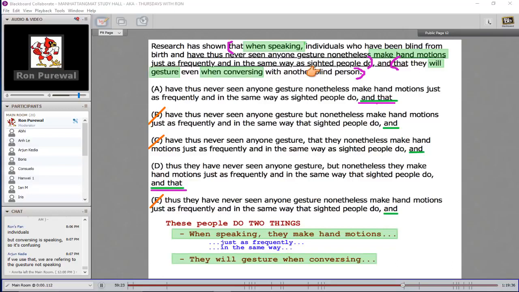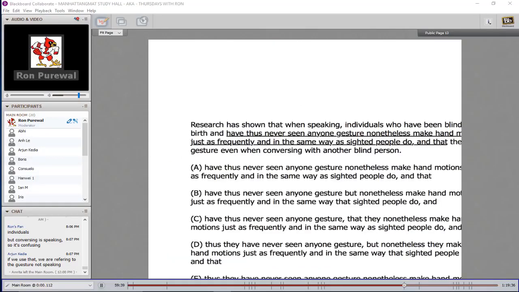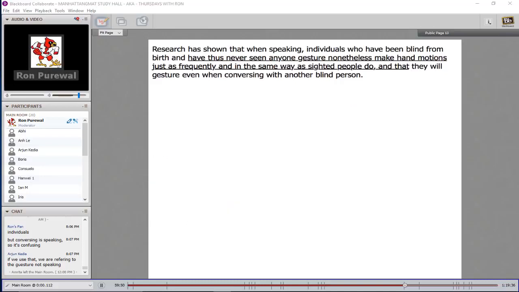Now, as far as these other choices go, what's the main sentence? This is part of step 1. It's especially important when you have a sentence that is this long. Remember that there's still going to be a core sentence that expresses the main idea.